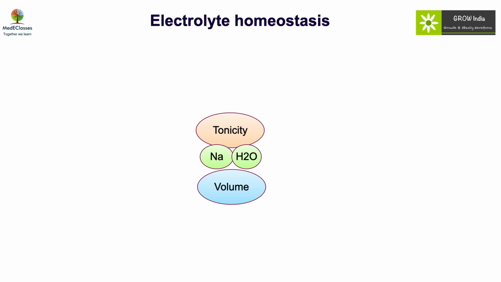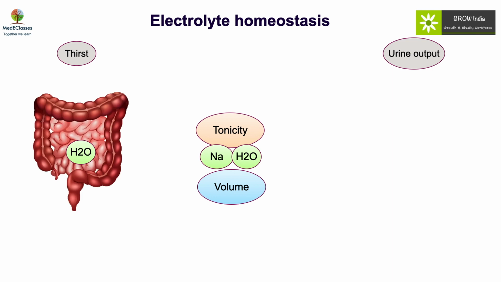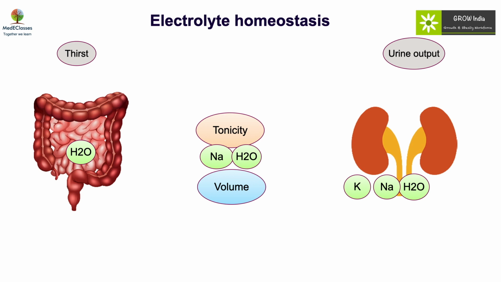So in hyponatremia, the most common cause may be SIADH because we've got more free water, while in hypernatremia, free water loss becomes important. So water is very important to regulate, and for this we have the thirst mechanism and the urine output. If there is deficiency of water, we get more water coming in from the thirst, and we will retain water by reducing excretion from the kidneys.